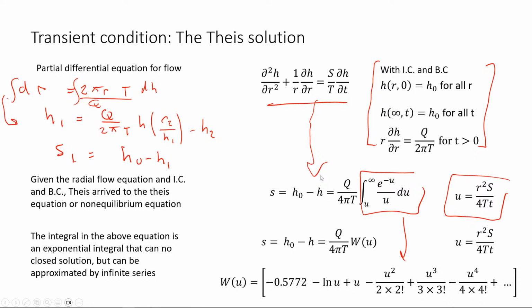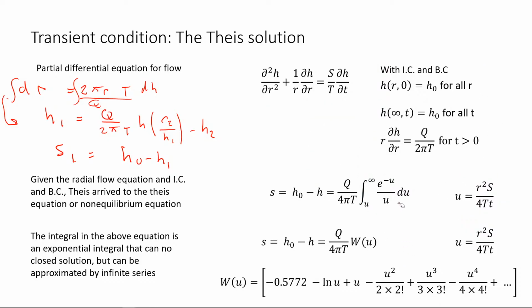But anyway, let me just summarize what we did here, since you might be getting lost in the mathematical detail. This is our governing equation, with this initial condition, showing how head changes in time.